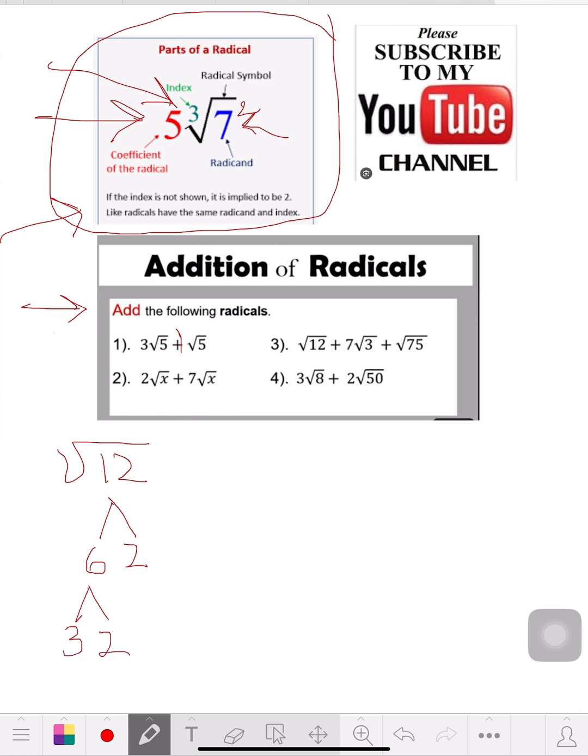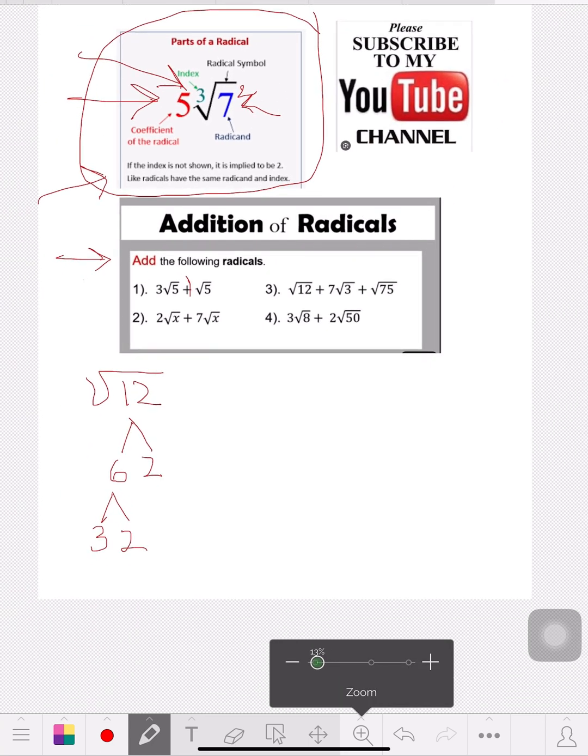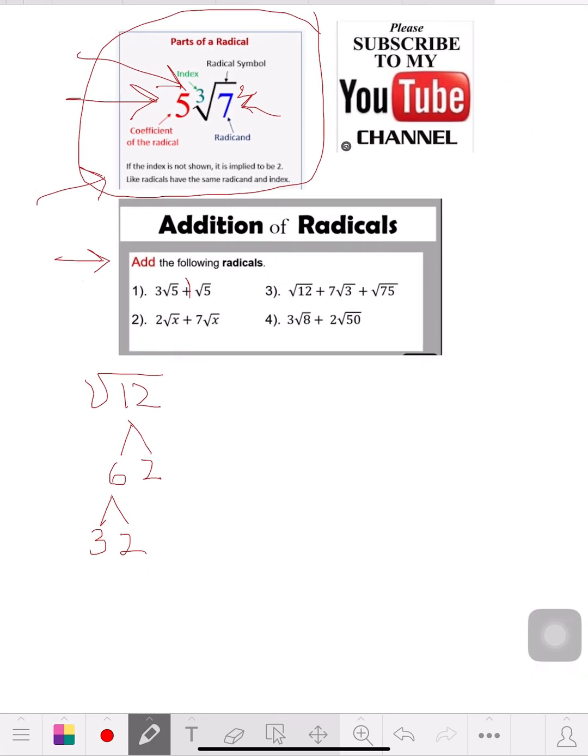Now, to simplify this, I'm looking for pairs because this is a square root sign. If this was a cube root, I'd be looking for 3s. If this was a fourth root, I'd be looking for 4s. What I got here, at the end, I'm just looking at the end ones.